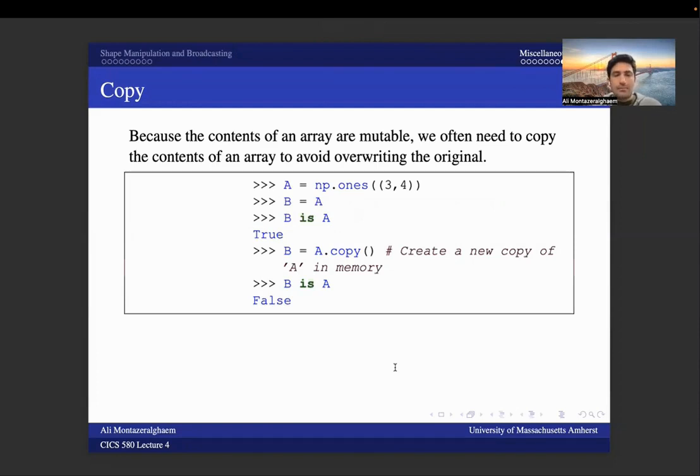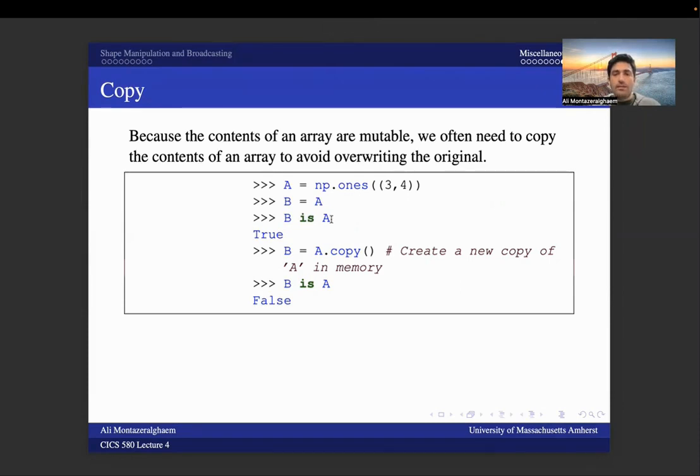This means that if, for example, we have a two-dimensional array, and we assign A to B, right? So if we check that B is A, this generates the output True.